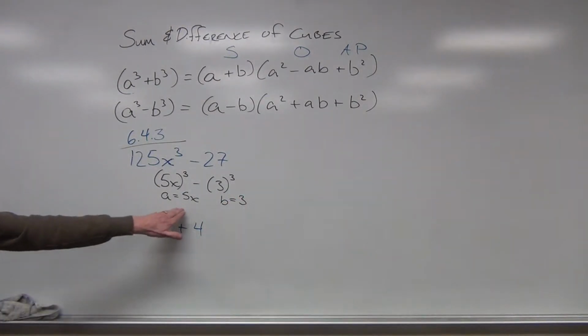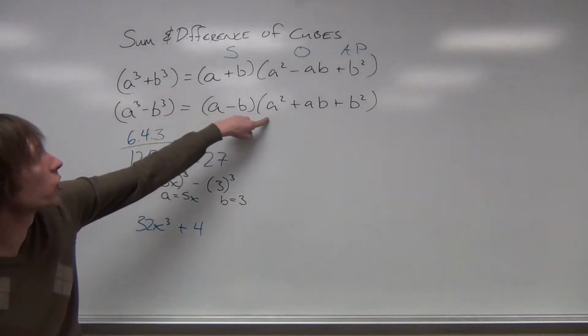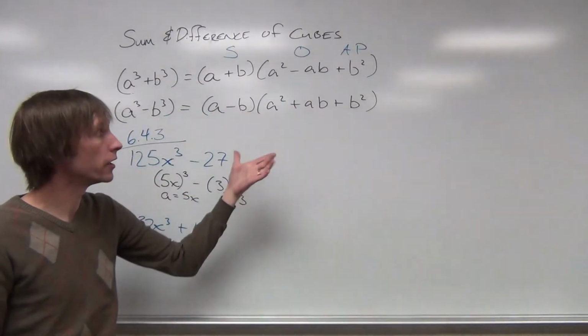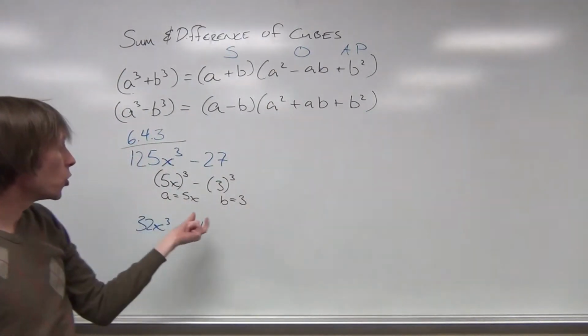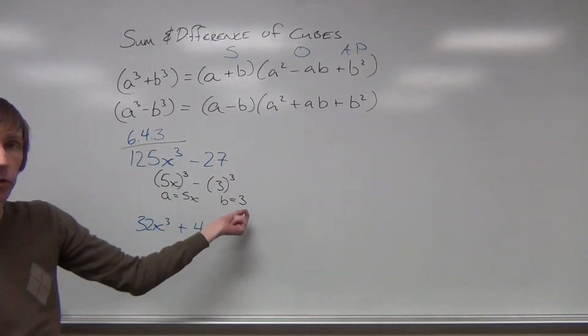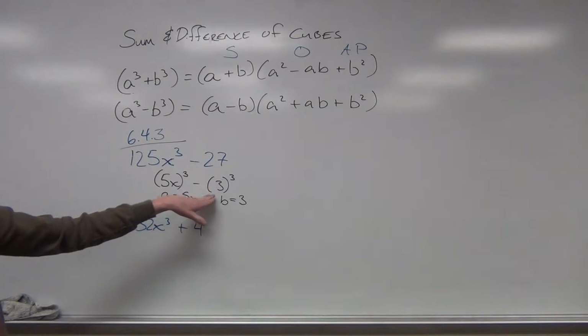All right, it's important to be able to identify what A is and what B is because that's going to explain what numbers go where. And especially if we have to square something or if we have to multiply something, we've got to know what those numbers are. So the way I'm going to rewrite this is 5x cubed minus 3 cubed.